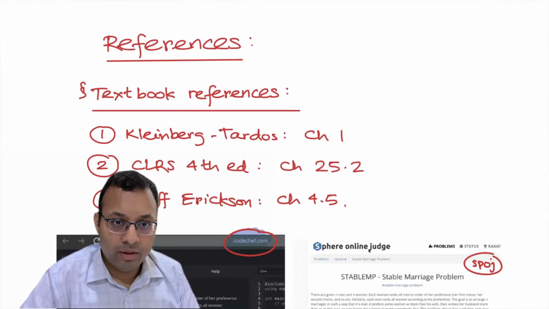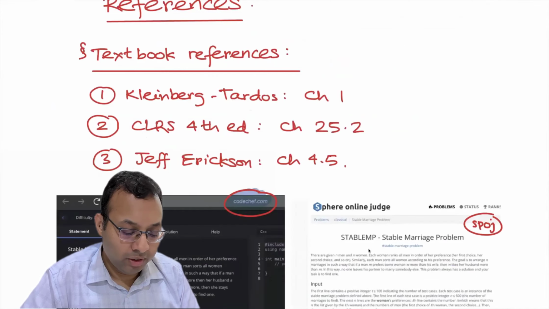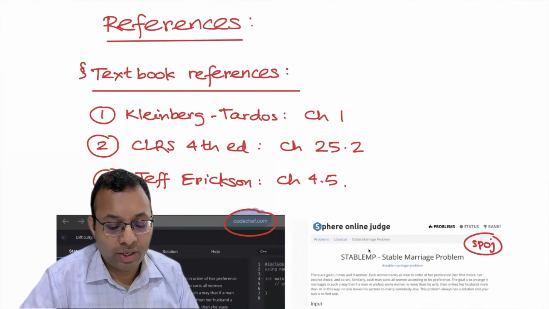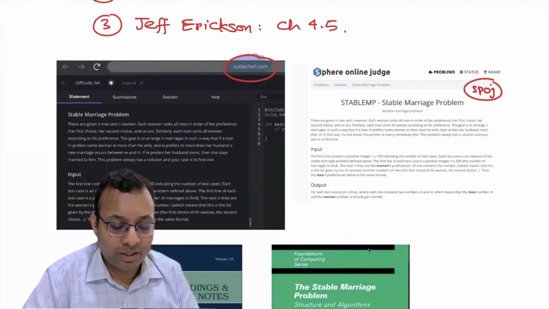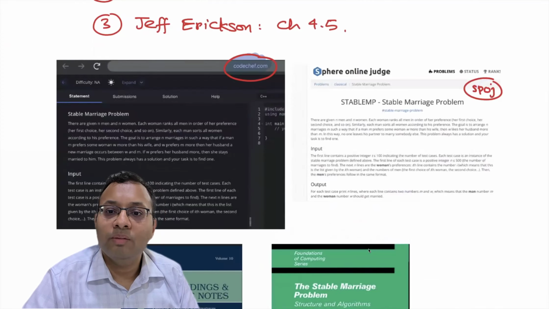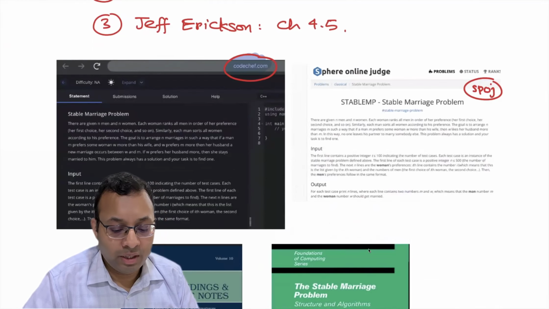For this problem, I followed Kleinberg-Tardos chapter 1, but you can also read CLRS 4th edition chapter 25.2 or Jeff Erickson's chapter 4.5. For this problem, there are a lot of programming exercises. For example, CodeChef or SPOJ have problems like stable marriage. If you're interested in writing code, write your code and test.